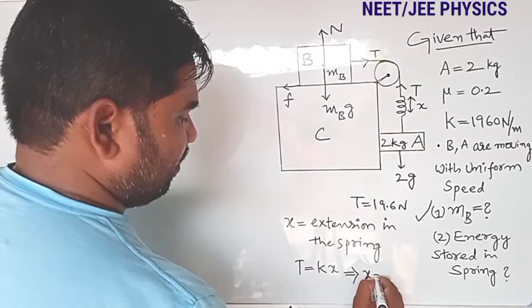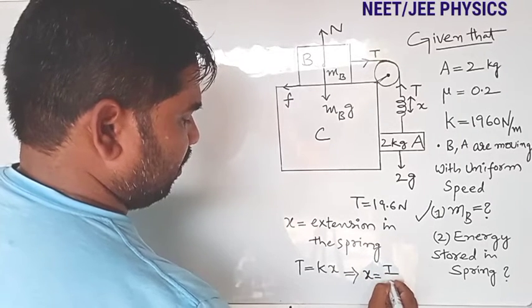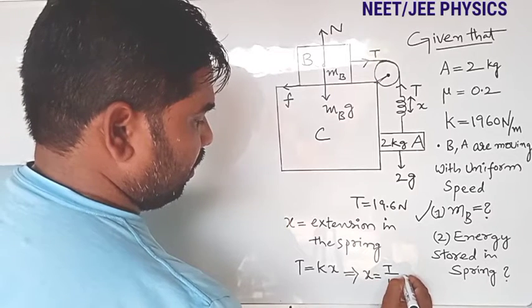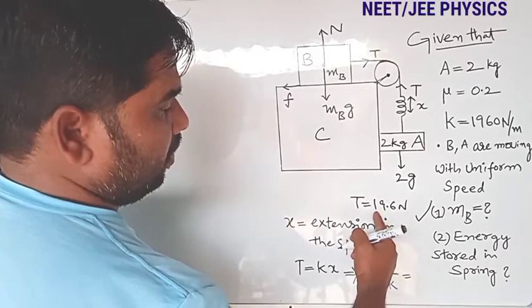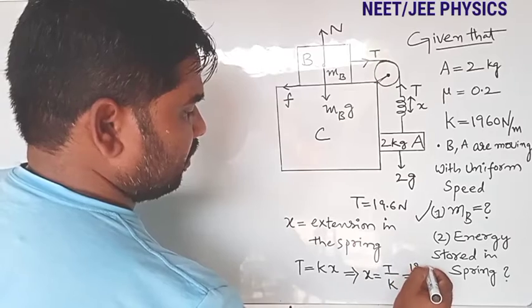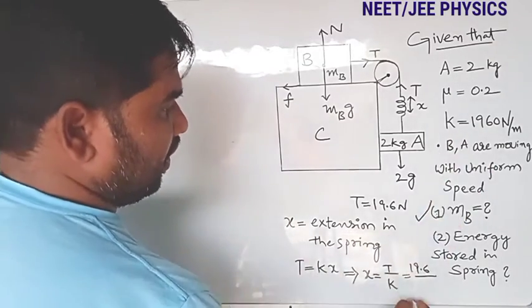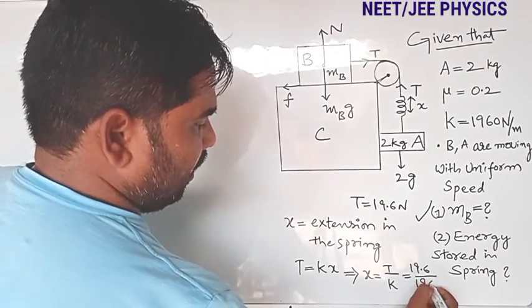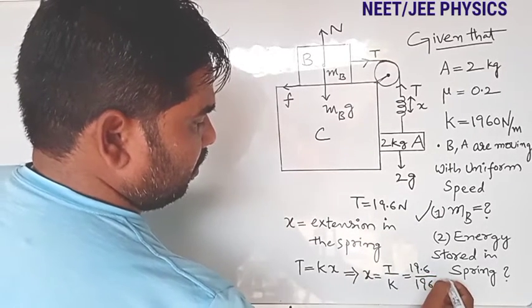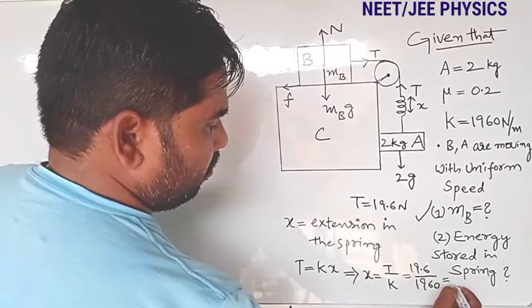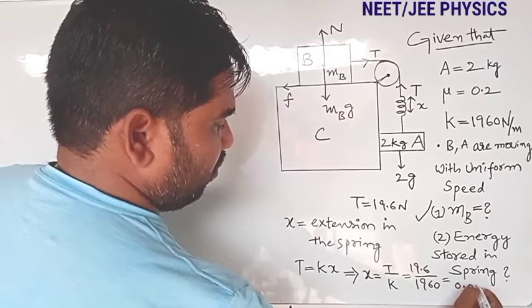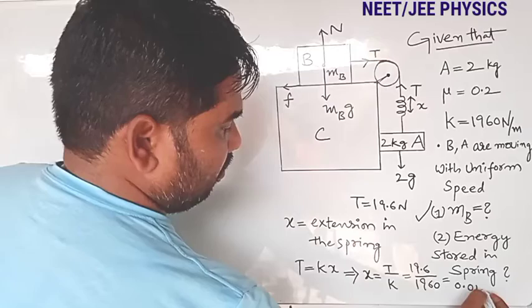From that, x equals T by k. Here the T value is 19.6 upon the k value, 1960, which is equal to 0.01 meter.